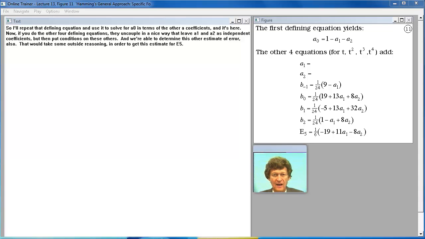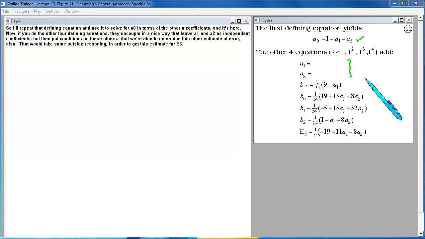So I'll repeat that defining equation and use it to solve for A0 in terms of the other A coefficients. And it's here. Now, if you do the other 4 defining equations, they uncouple in a nice way that leave A1 and A2 as independent coefficients, but then put conditions on these others. And we're able to determine this estimate of error also.